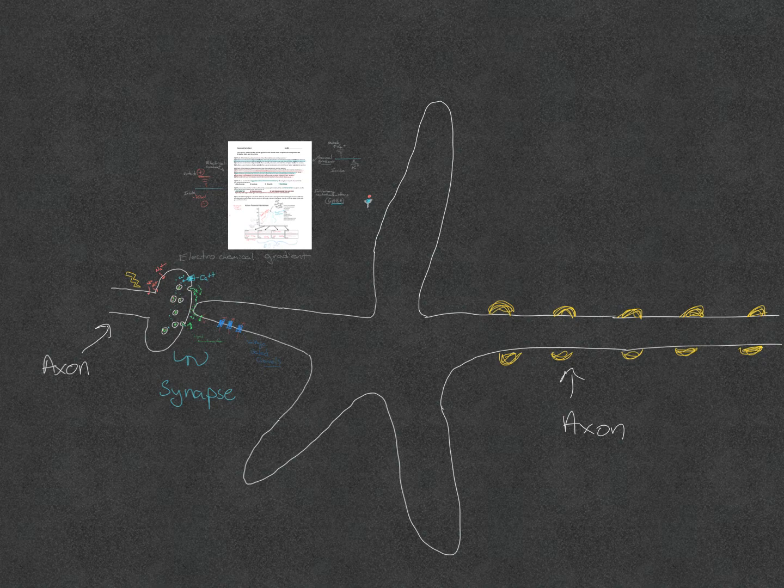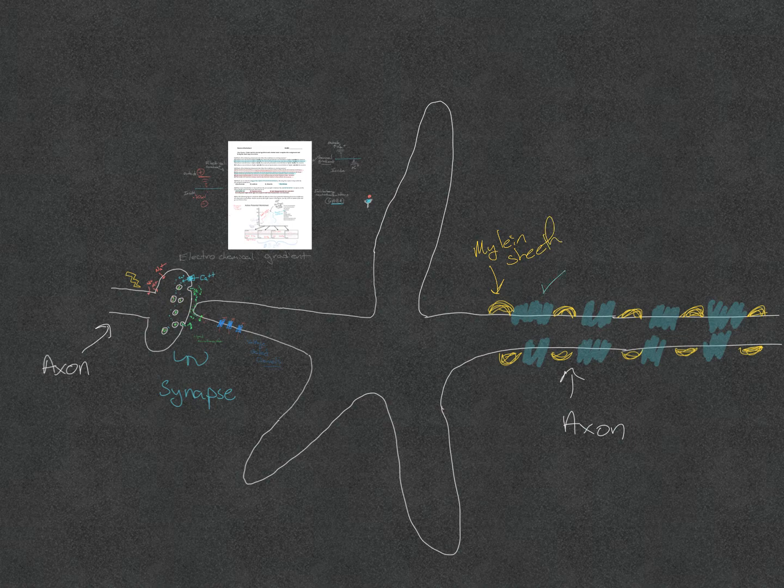So these zones here are where you have those ions being exchanged through the channels. These are called nodes, and that's where all this stuff is happening. Here, this is a myelin sheath created by Schwann cells, but that's it.